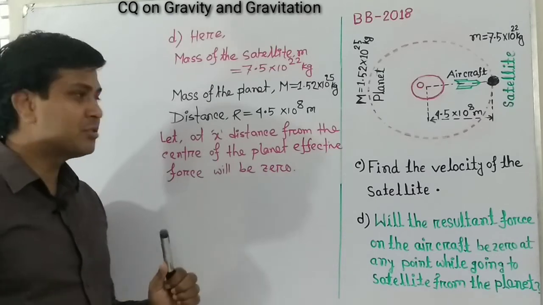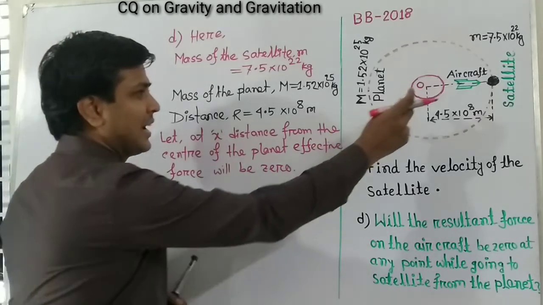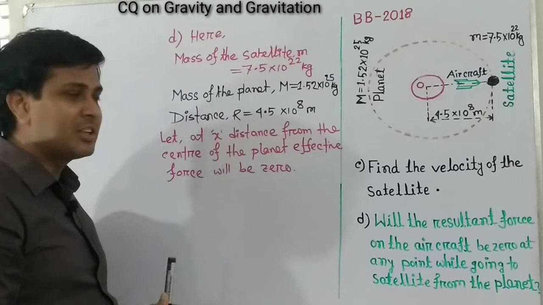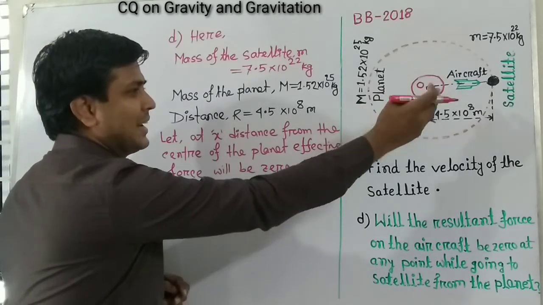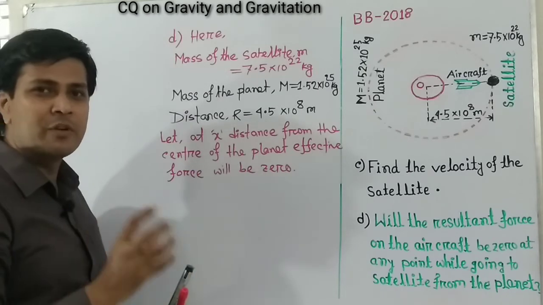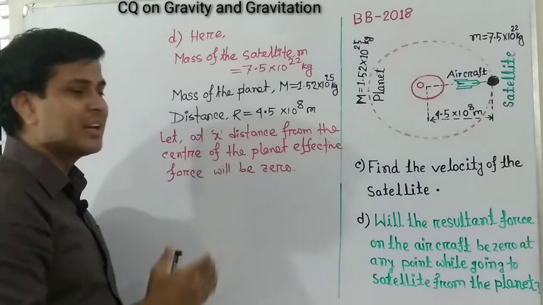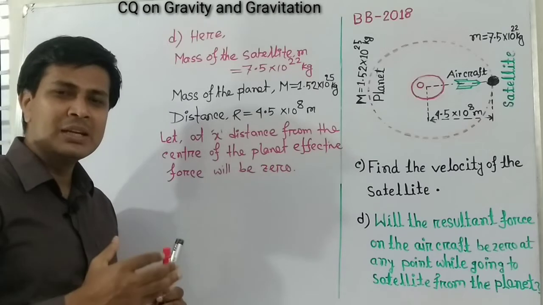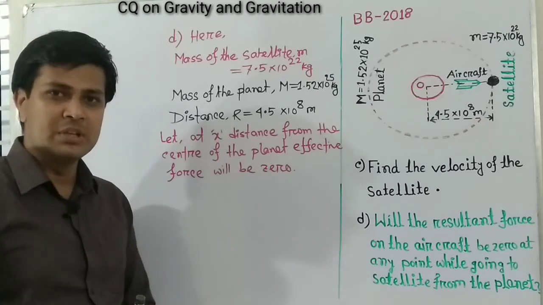Now, according to the question, the aircraft will feel the gravitational force from the planet and the satellite. So, the gravitational forces from both the planet and the satellite will be equal. Then we will get effective force zero.